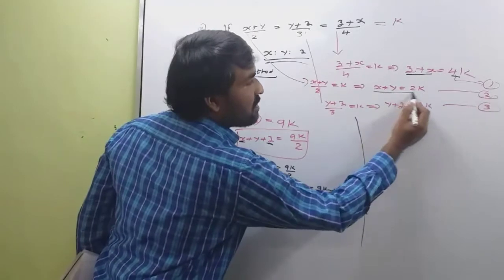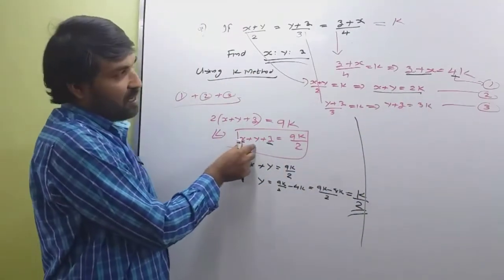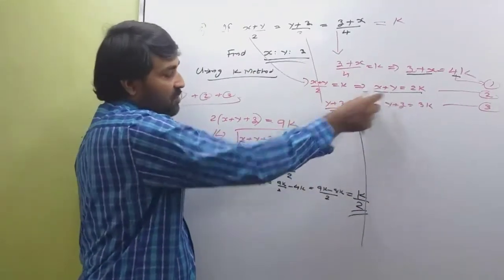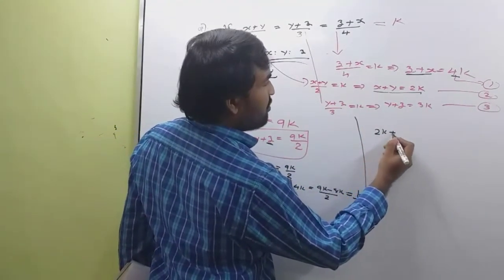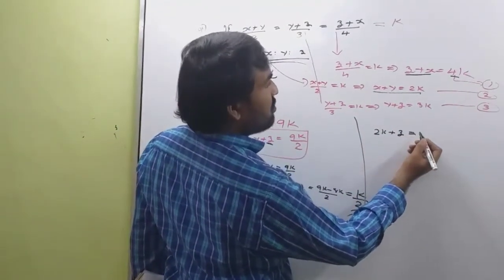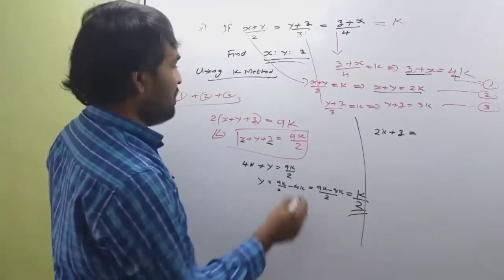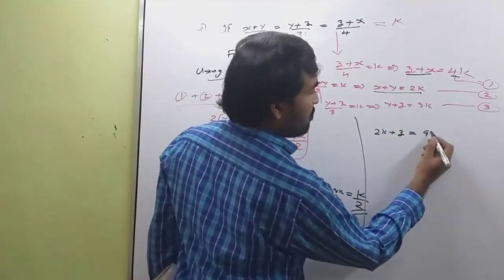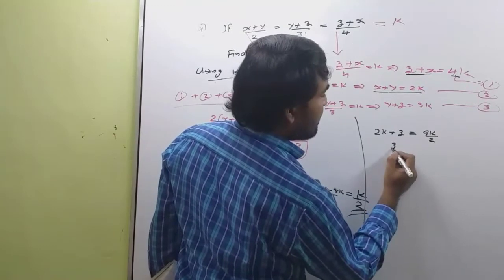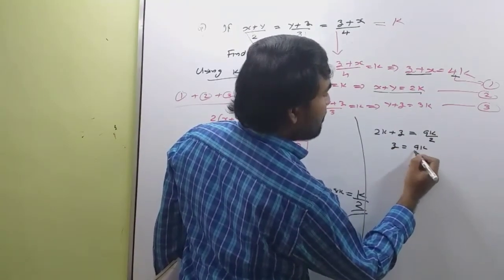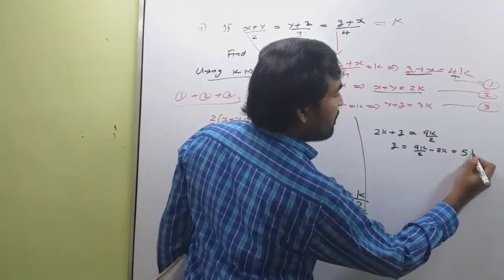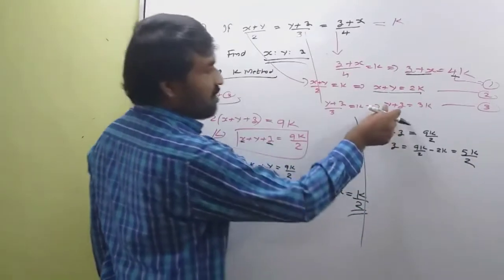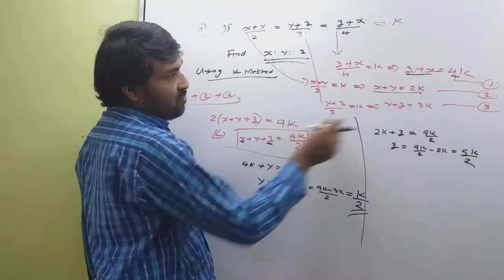X plus y is equal to 2k. So x plus y, we can put x plus y is equal to 2k here. This implies 2k plus z is equal to 9k by 2, or z is equal to 9k by 2 minus 2k, that is equal to 5k by 2. Similarly, y plus z is equal to 3k.